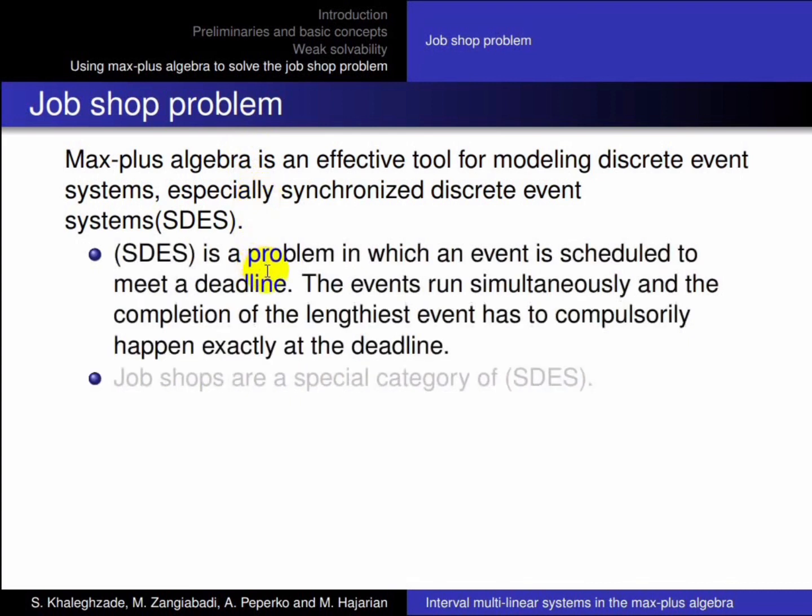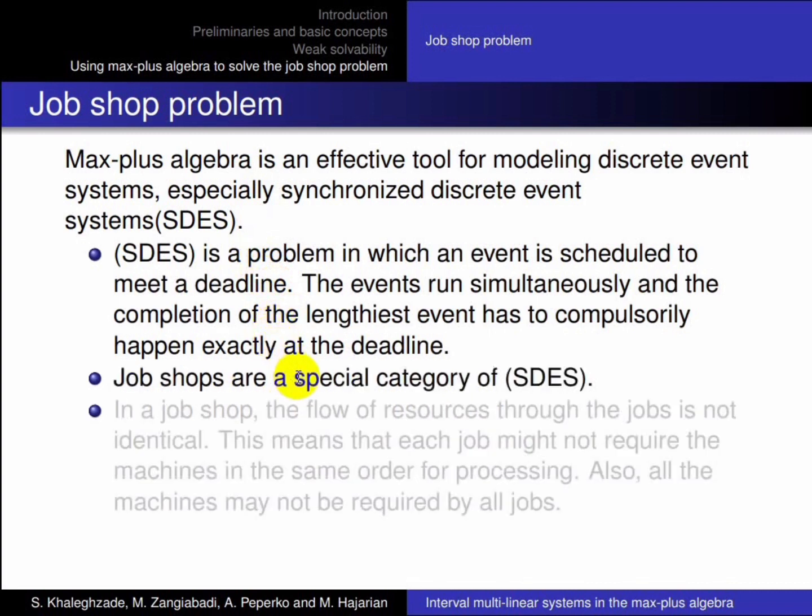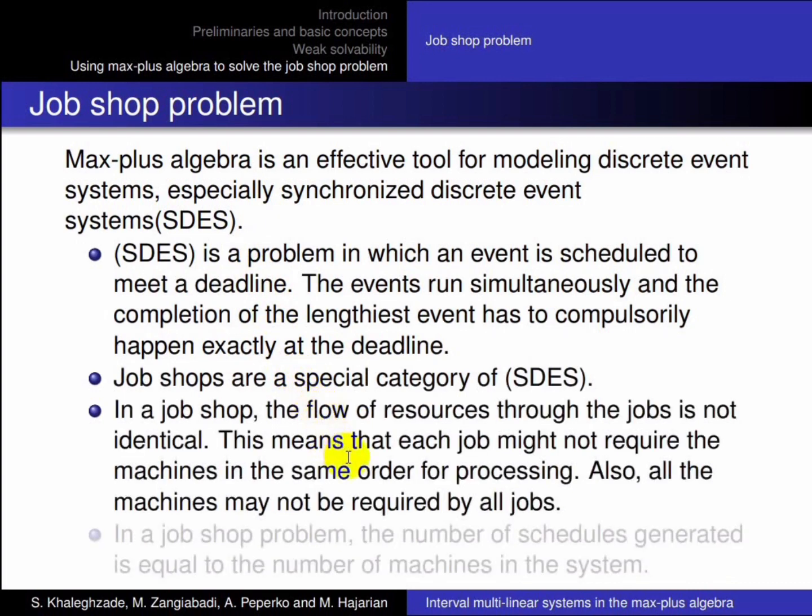SDES is a problem in which an event is scheduled to meet a deadline. The events run simultaneously, and the completion of the lengthiest event has to compulsorily happen exactly at the deadline. Job shops are a special category of SDES. In a job shop, the flow of resources through the jobs is not identical.